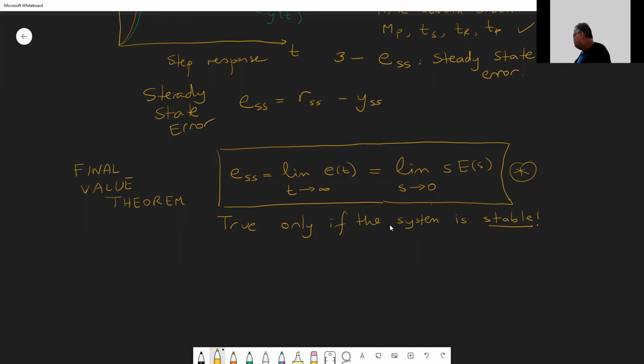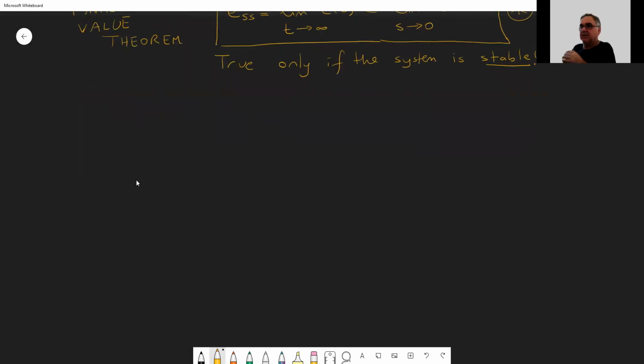Let me give you an example here. Before analyzing it in detail, let's say that we have a tank system like this one, with a certain height.